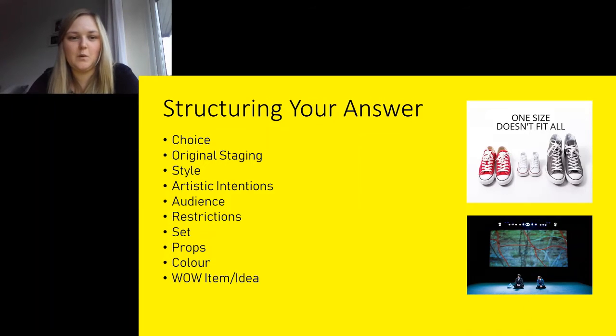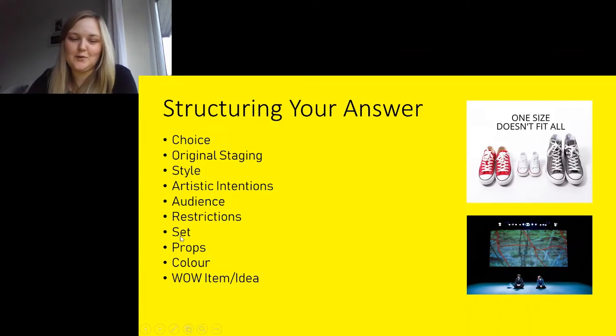Here's some things that you will want to talk about: your choice of staging, the original staging, the style that you've chosen, your artistic intentions, that means what do you hope to achieve with your choice of staging or your extract, the audience and their experience, the restrictions, so are there any restrictions of this kind of staging, such as sightlines, for example, and how will you combat those or how will you address those in your performance, set, props, colour, and finally a wow item or idea.